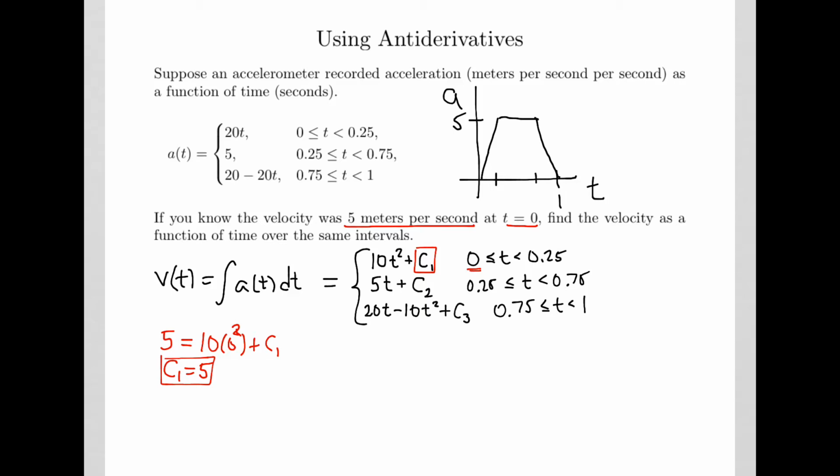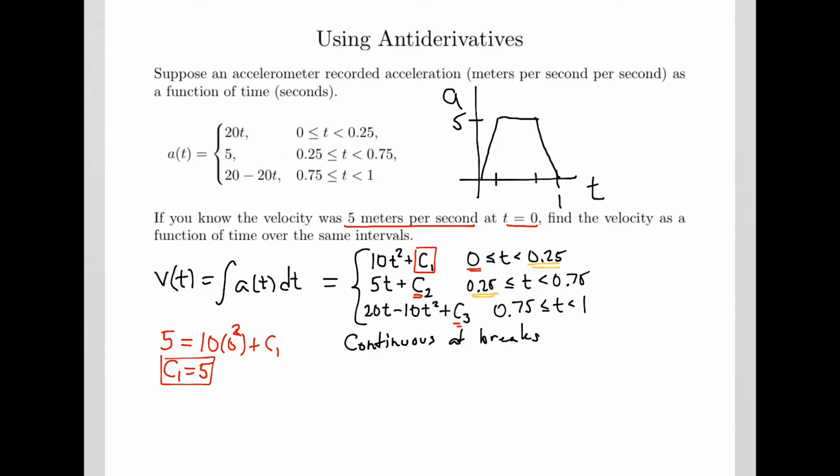Now, we have 2 more constants we need to find, C2 and C3. The way that we're going to do that is we're going to require that the velocity is continuous at the breakpoints. So at a quarter, these two formulas need to agree.